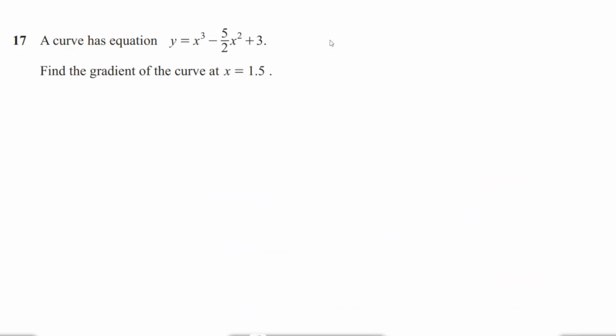Okay, this question belongs to the topic which is known as derivative. I want to discuss a bit about derivative. What is derivative?